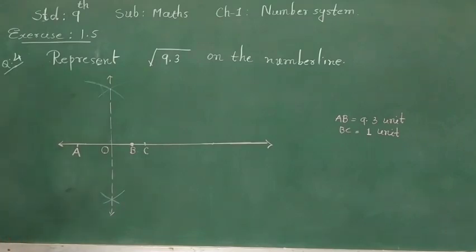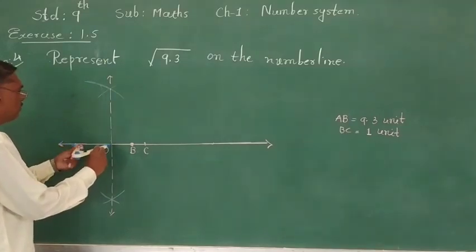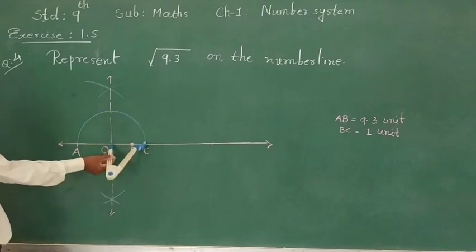Now take center O and radius OA and draw a semicircle.